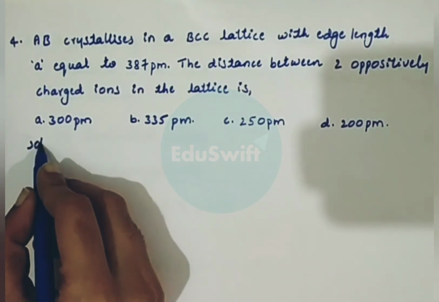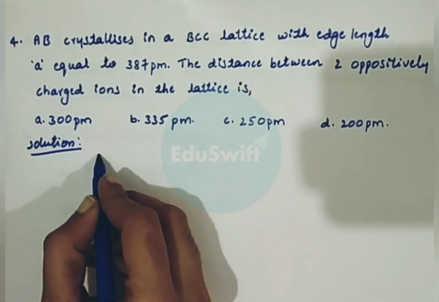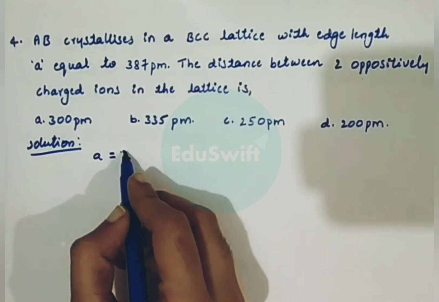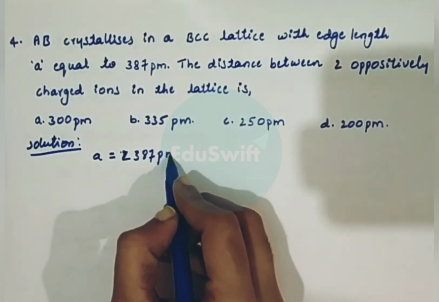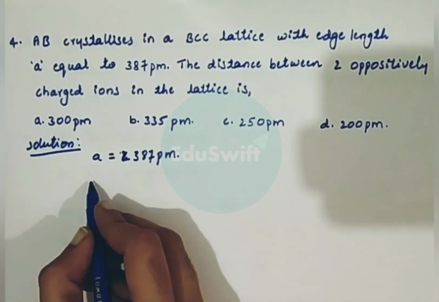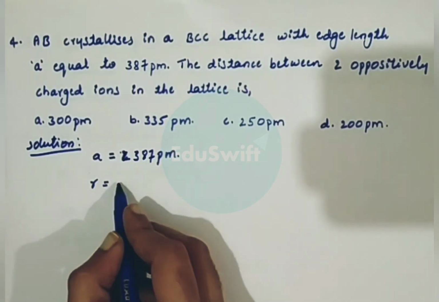For a BCC lattice, we have the value of r as root 3a by 4. Here the value of a is given. It is 387 picometer. And r for BCC is root 3a by 4.